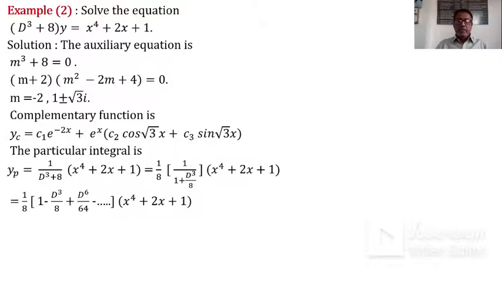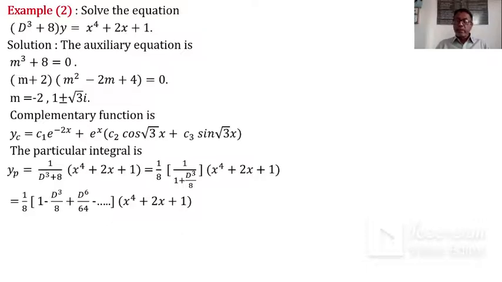Using that, here 1 minus D cube upon 8 plus (D cube upon 8) square, which is D to the power 6 upon 64, minus (D cube upon 8) cube, which comes to be D to the power 9 and so on divided by 64 into 8. We get this in this way.